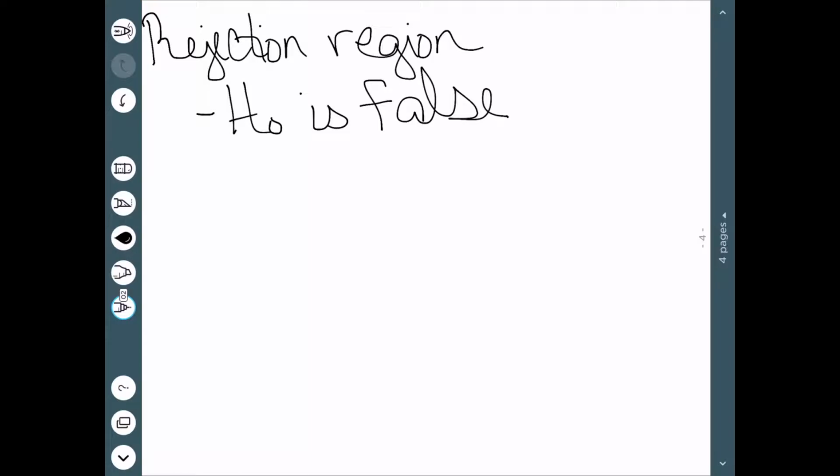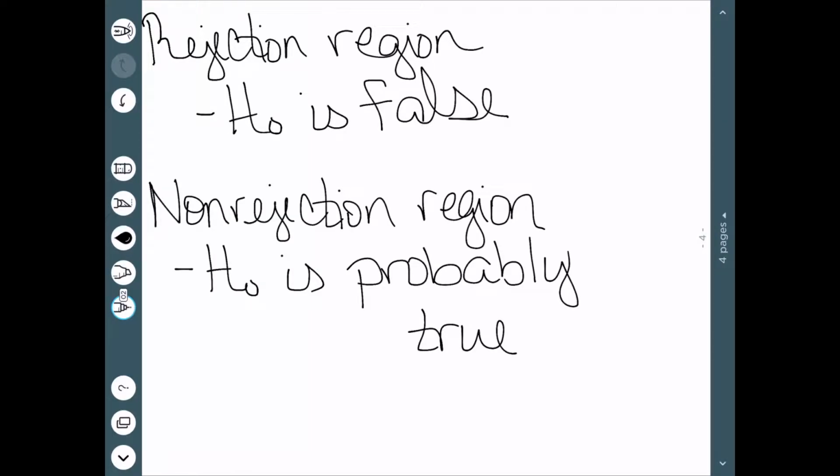So what exactly are those regions, and what is it we're rejecting? The rejection region means we reject H0. It says H0 is false. We are going to say that our null hypothesis is false if our test value falls within the rejection region. Our non-rejection region says that our null hypothesis is probably true.